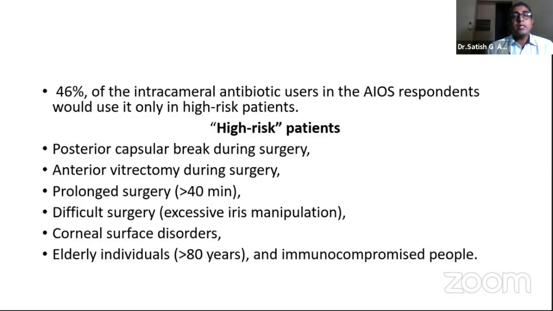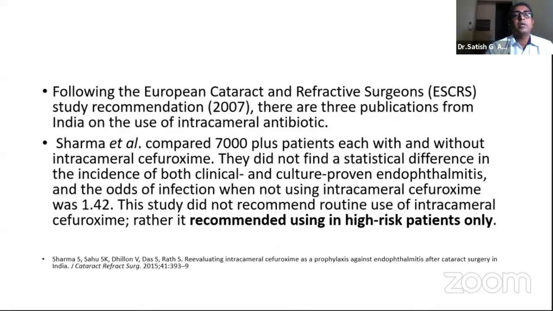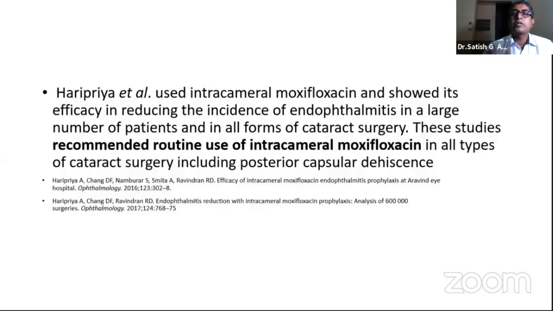When they asked when do you use an intracameral antibiotic, the majority said in high-risk patients, in conditions like a PC break, prolonged surgery, elderly or immunocompromised patients. Following the ESCRS study, the Indian group, Sharma et al., started evaluating intracameral cefuroxime, and recommended using it only in high-risk patients.